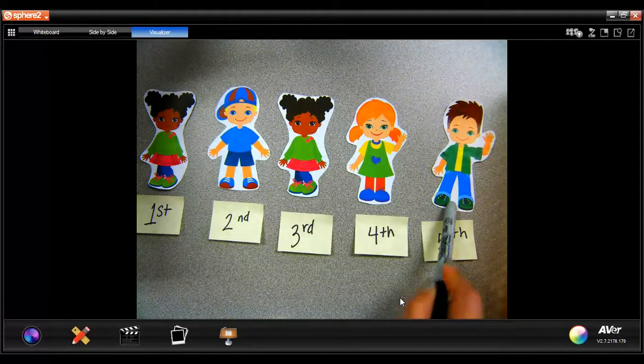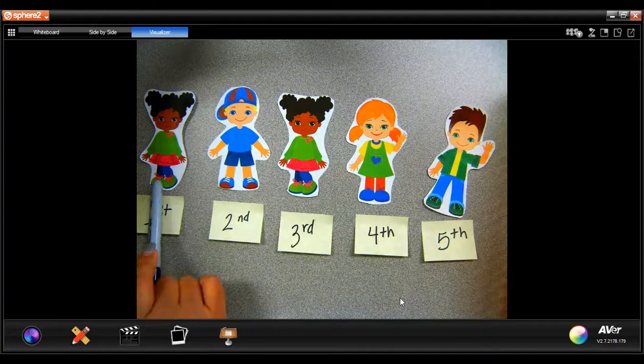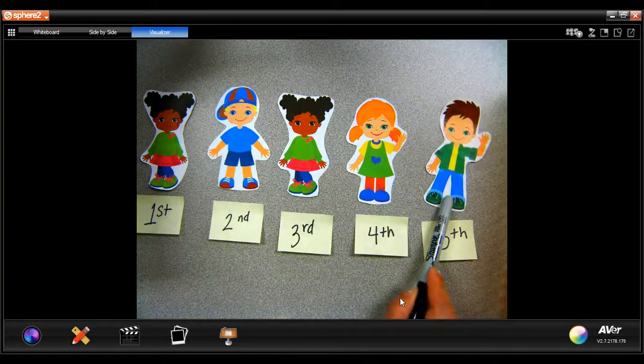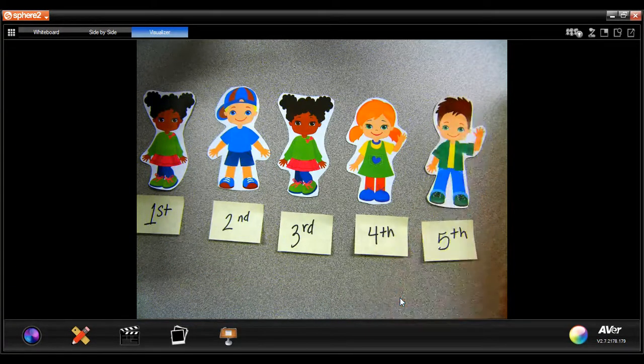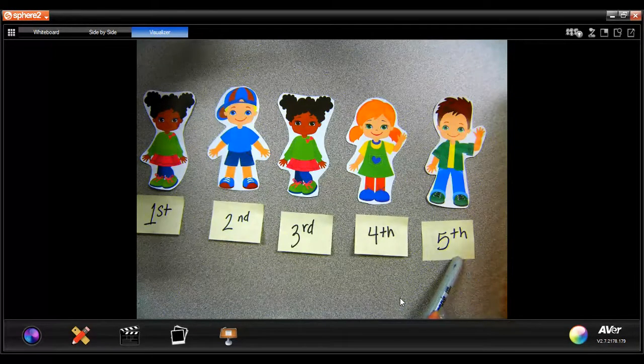He is the last one in line. Let's say those ordinal numbers again. First, second, third, fourth, and fifth. Good job.